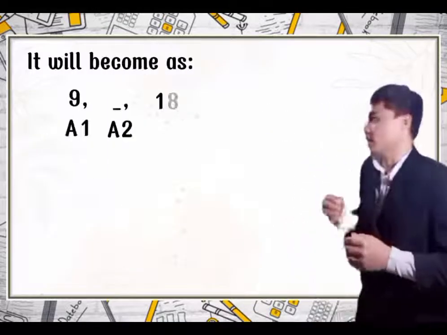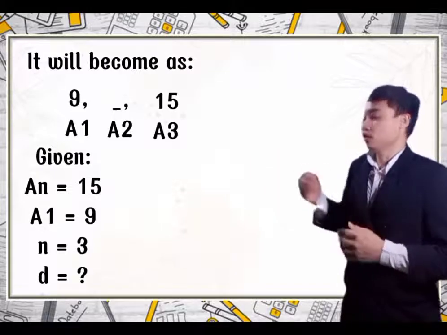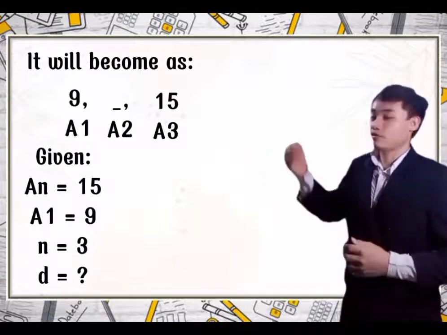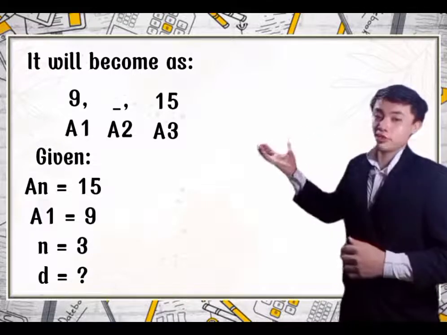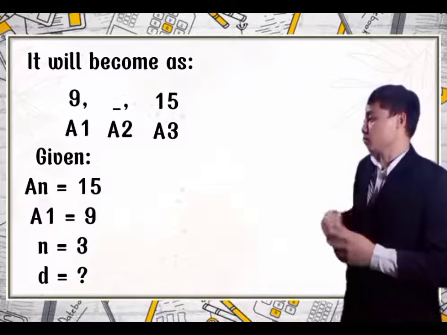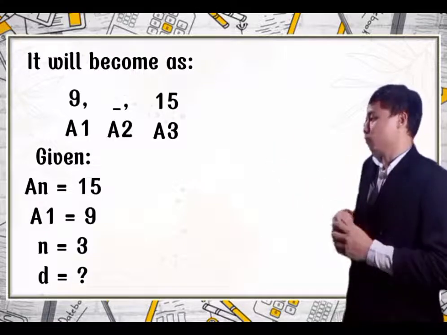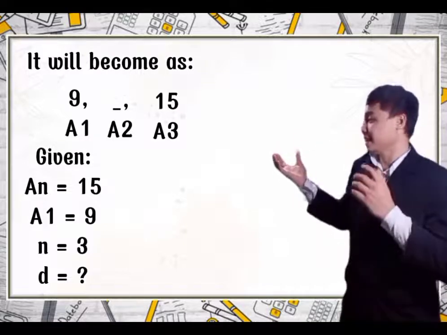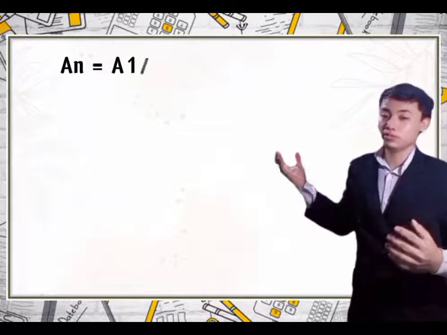So it will become, for a sub 1, we have 9, a sub 2 is unknown, a sub 3 is 15. All given numbers are, for a sub n, we have 15, a sub 1 is 9, number of terms is 3, and the common difference is still unknown since that's the term we're going to solve.